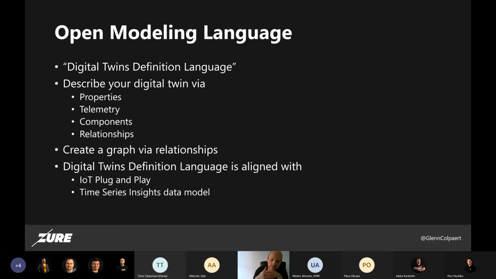Then there's telemetry. Telemetry is measurements from events, IoT sensors or data that are flowing through your digital twins. So telemetry is not stored on the twin itself. Well, it's not stored forever on the twin.